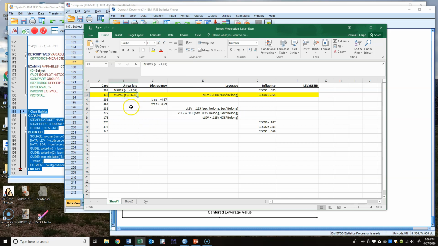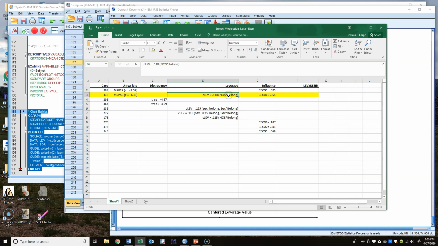This is a weird low value for reported support, which is plausible and likely a member of our target population. People can have low levels of support, right? But this is pretty low relative to the sample. And it's also coming up as having a high leverage value, and remember that leverage is just working with the predictor variables.